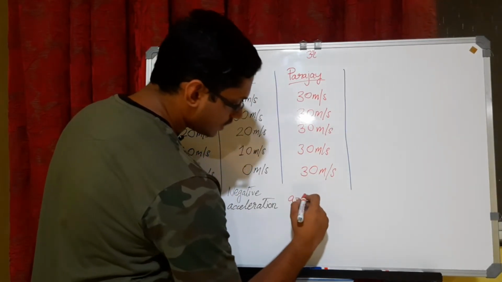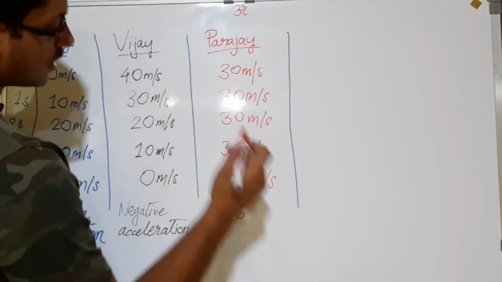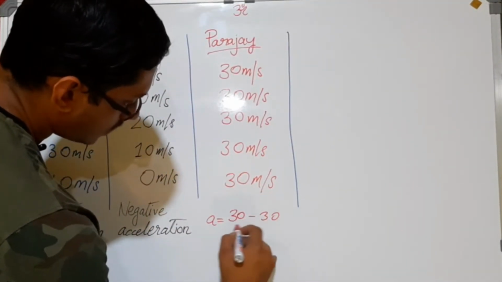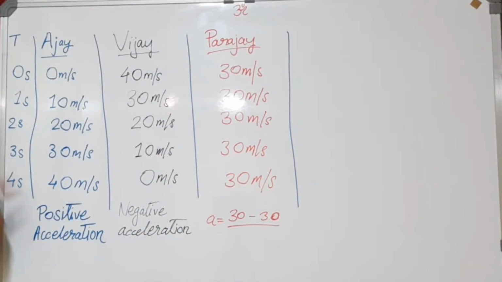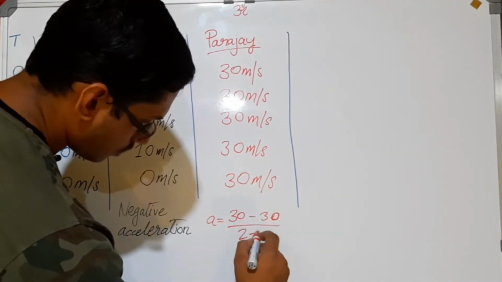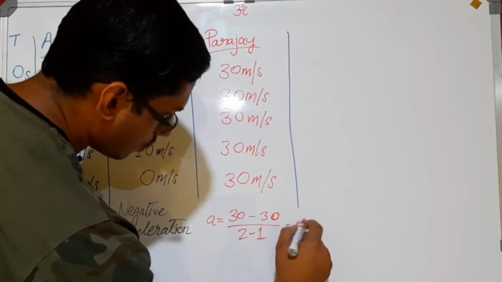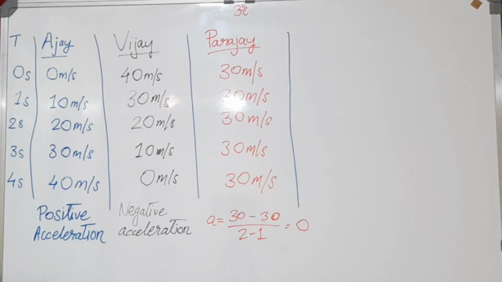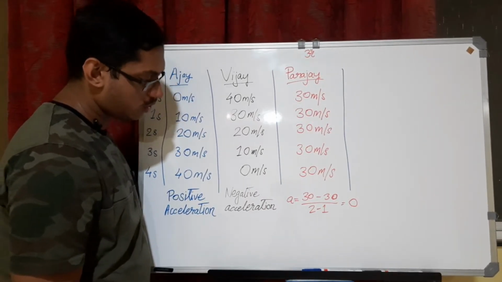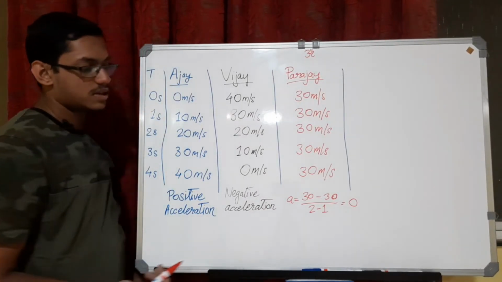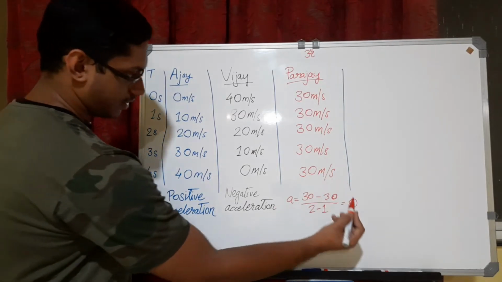What is the final velocity? 30. What is the initial velocity? Again 30. What is the time interval? 2 minus 1. It is 0. 30 minus 30 is 0. So 2 minus 1 is 1, doesn't matter, it will turn out to be 0.